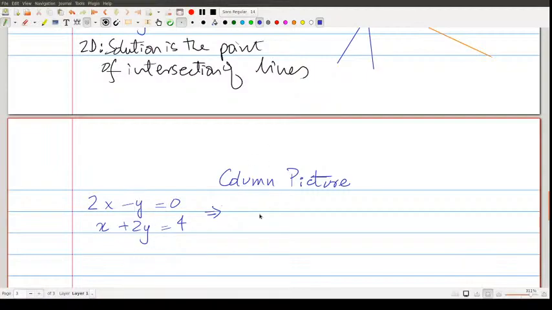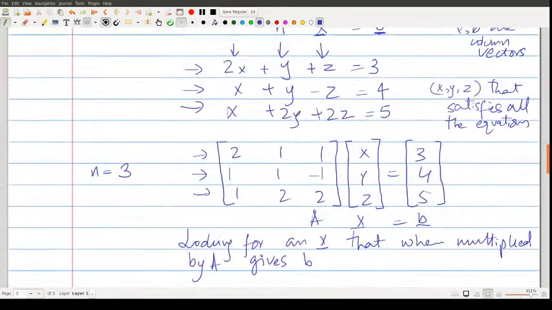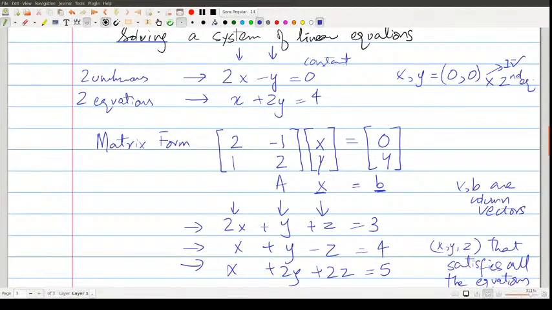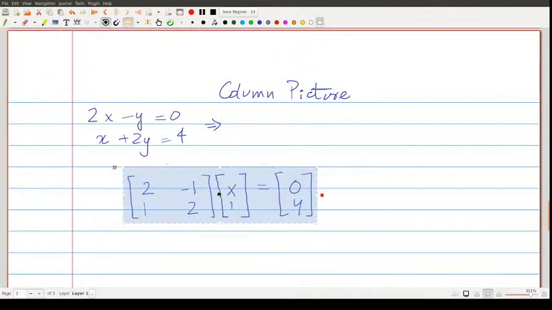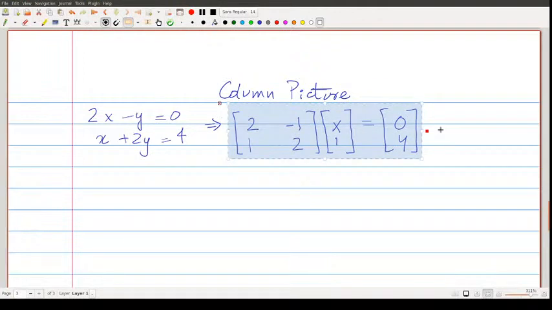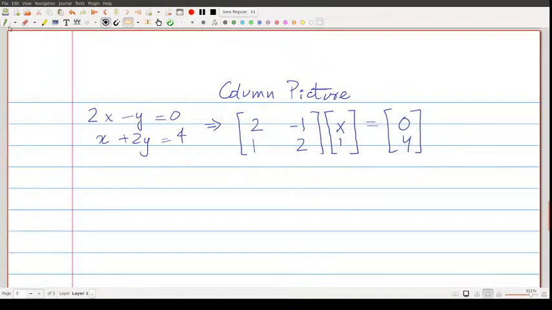And so the way we'll turn this into the column picture is, let's go back to the matrix form of this system. Actually, let's take this form instead of taking the equations, and let's plug it here, right? Okay, so I have this matrix form, and now what I want to do is, notice that we can manipulate this system in this way. So you're aware of matrix vector multiplication, right?